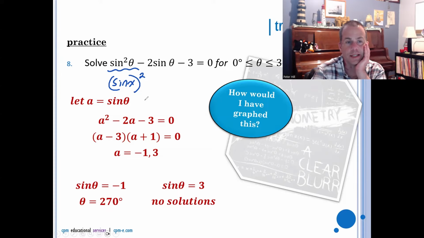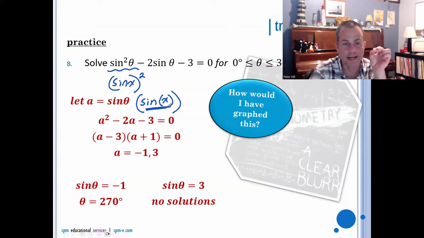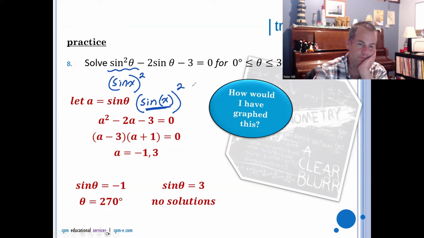If you're a TI kid, when you press the sine button, it automatically opens up a bracket. So you'll want your x and then close that bracket, but then there also needs to be a bracket around that. So sine x in and of itself has to be entirely inside a bracket before you put the square in. Awesome.